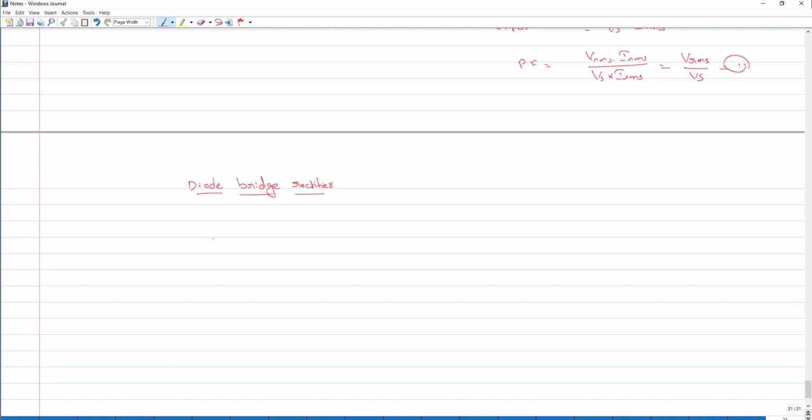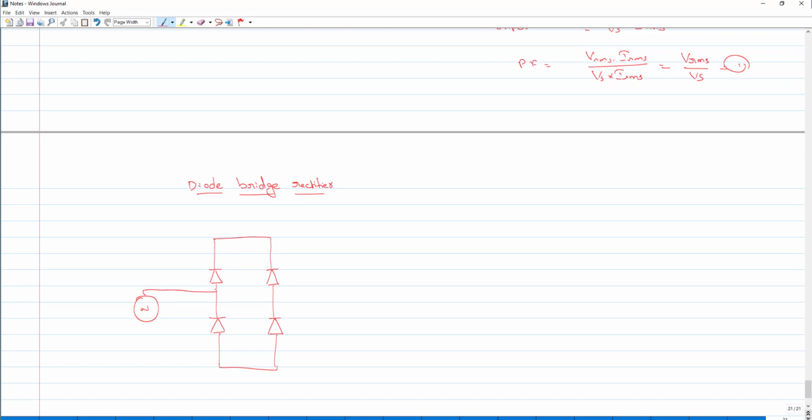However, I'll try to tell you. So you take the diodes like this, and you take one more diodes also like this, and here let us directly give the AC source supply.